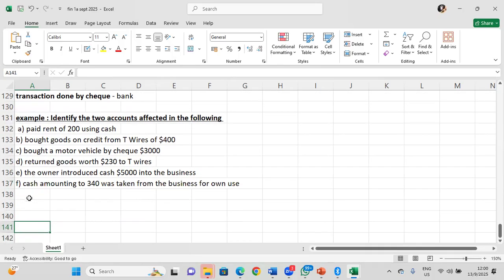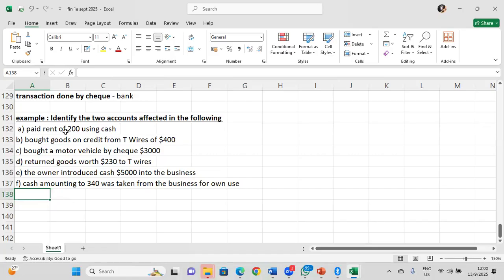So from these, we now need to determine which two accounts are to be affected. If we look at the first one, A, paid rent 200 using cash.